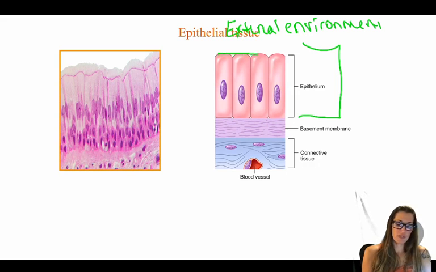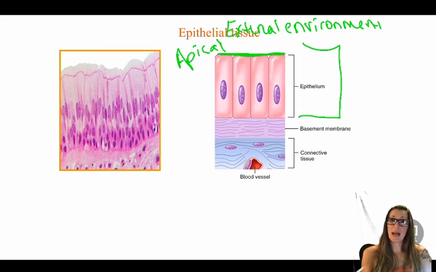This surface of the epithelium faces the external environment, and that's called the apical surface. So for skin, we're thinking about the external environment, the outside world.